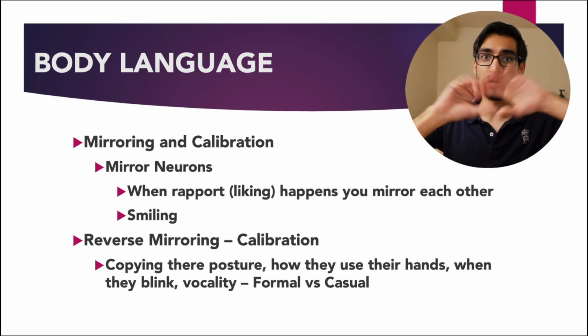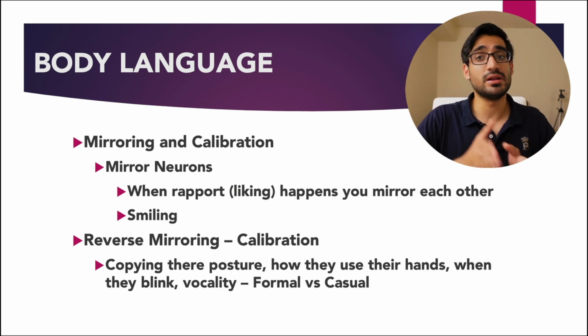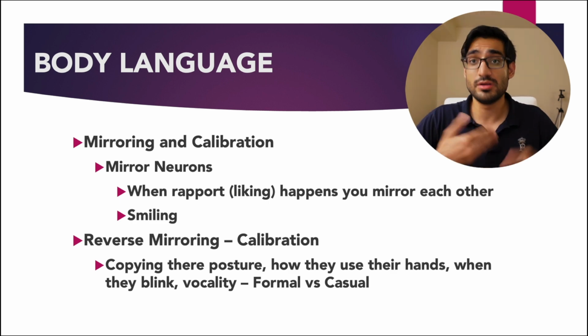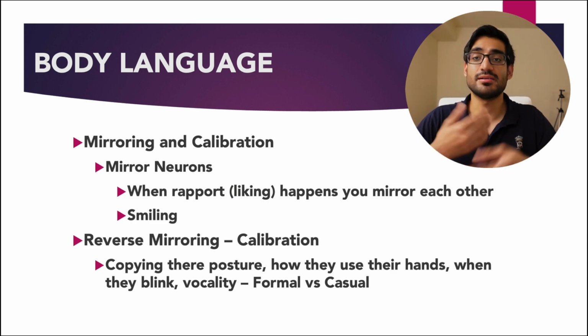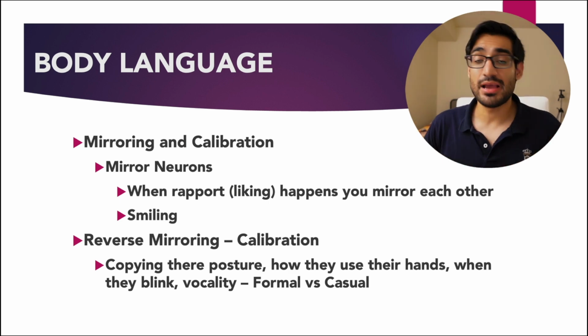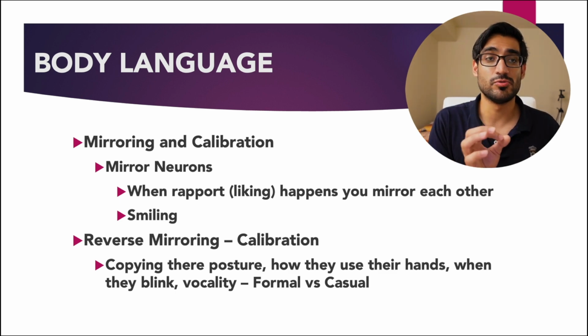Whatever communication style they're using, do the same thing. If they're using their hands a lot, that's a good signal to use your hands a lot. If they're not using their hands at all, you might want to go back on using your hands too much. Smiling. There are these things called mirror neurons. What happens is, if you see a person smile, like me smiling, you want to smile too.